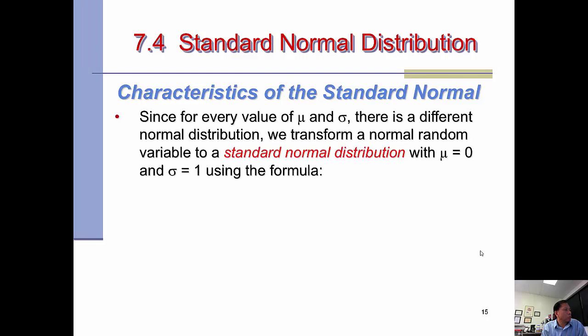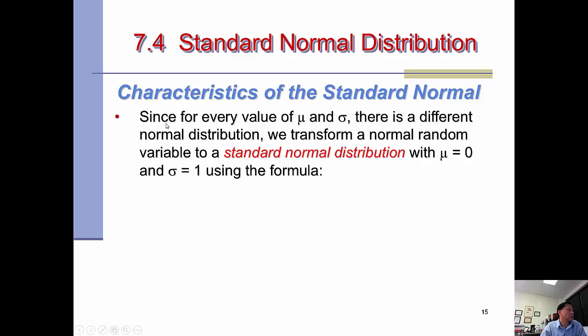Characteristic of a standard normal. Because this normal distribution can take many shapes. It could be fat and low, or skinny and tall, right? That makes it not very easy for people to use a standardized table to estimate. In order to use the standardized table, we use a standard normal, or standardized normal.